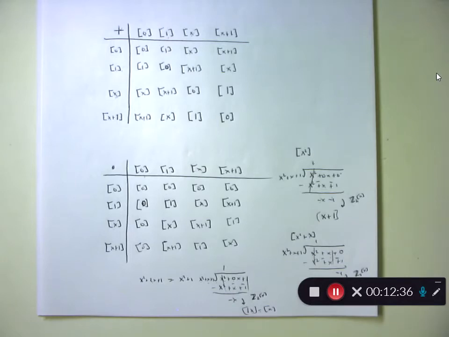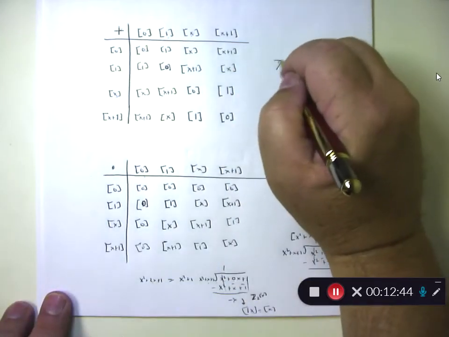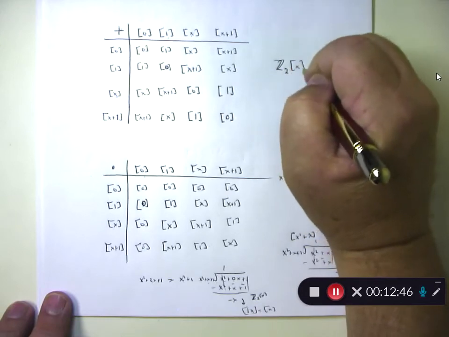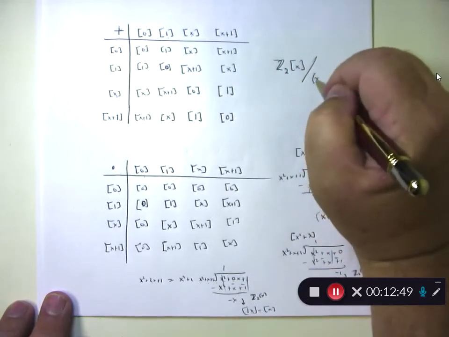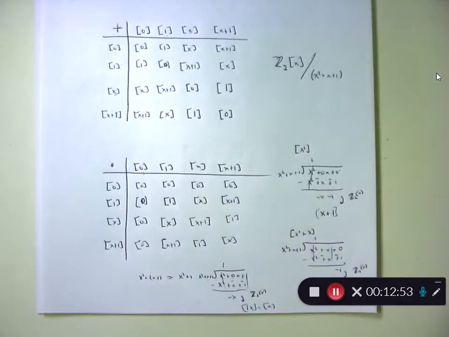So the next question, of course, is what kind of ring is it? This is the multiplication table and addition table for Z2 adjoined x modded out by x squared plus x plus 1. What kind of ring is it? Well, it is definitely a ring. Once you have the ring, does it commute?